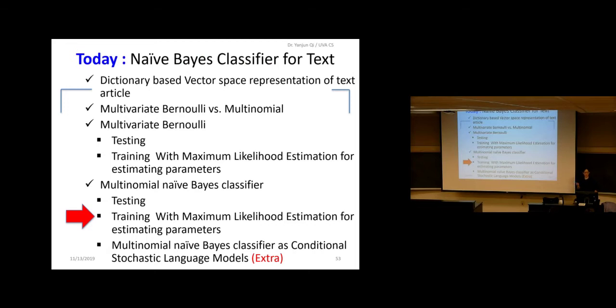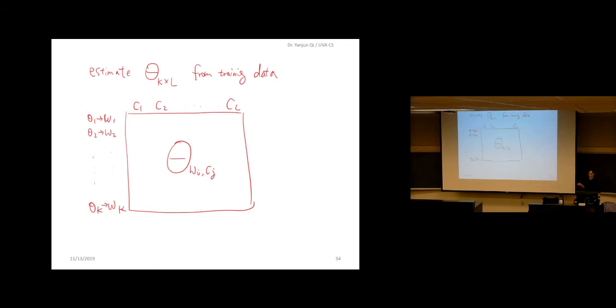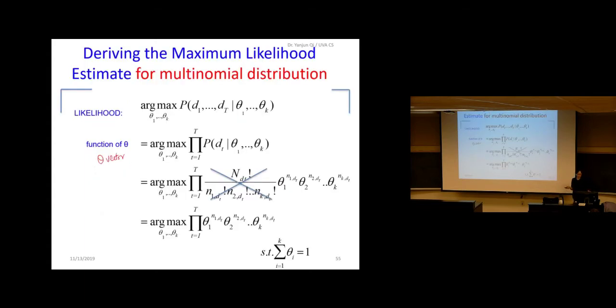Now let's see, how do you estimate those from the training data? I want to estimate this matrix from my training data, and this is K times L number of parameters, right? Same thing. So how do you estimate a multinomial distribution? Just to simplify, assume this is not conditioned on C for now. There's no condition C, just from the data, how do you estimate a multinomial distribution?